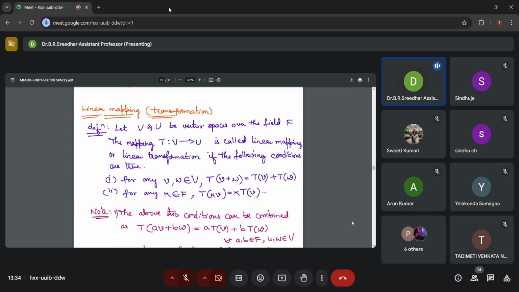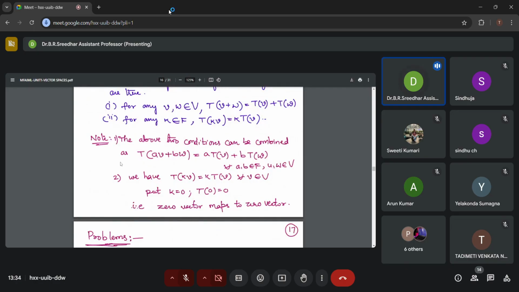V and W are vectors. Now, T of aV plus bW is nothing but a into T of V plus b into T of W, where a and b belong to the same field, and V and W are in the vector space.